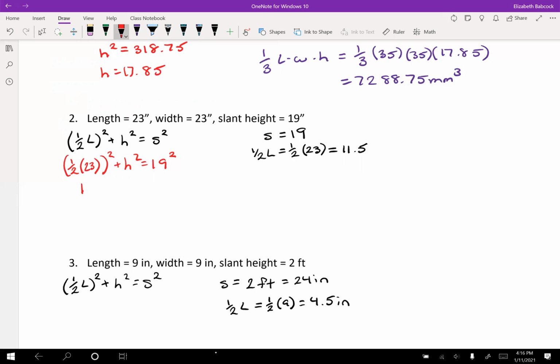Okay. So if we isolate our variables, h squared is equal to 228.75. Therefore, h is equal to 15.12. We solve for our volume.